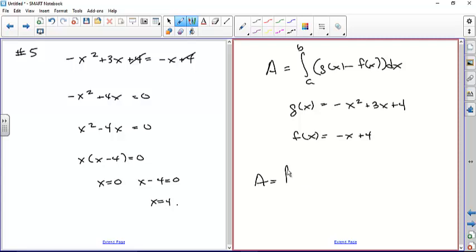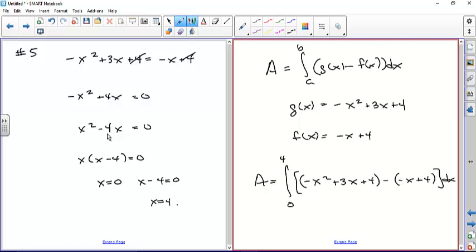So we found the points of intersection, 0 to 4. We have negative x squared plus 3x plus 4. So that's g of x. We subtract f of x.